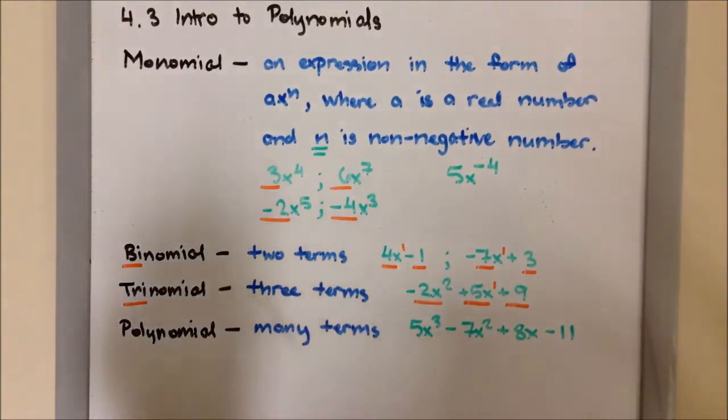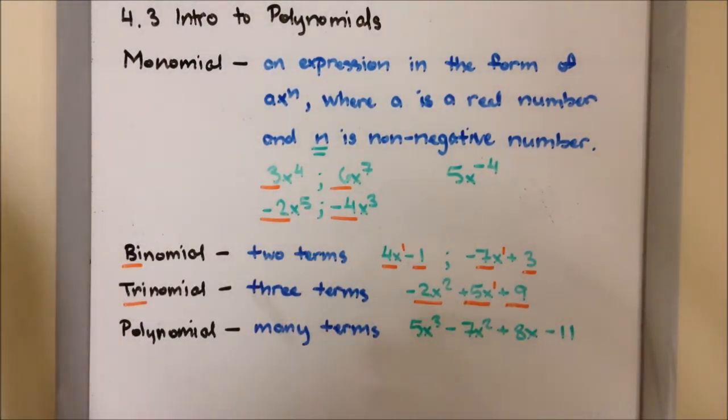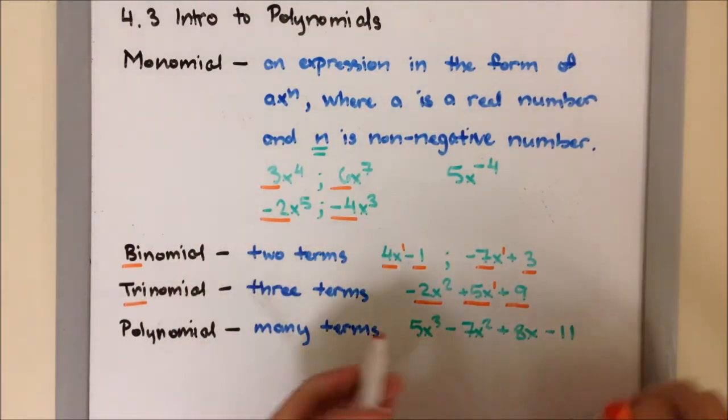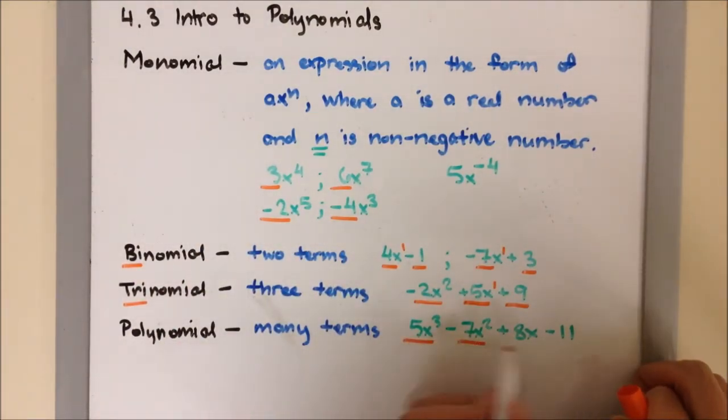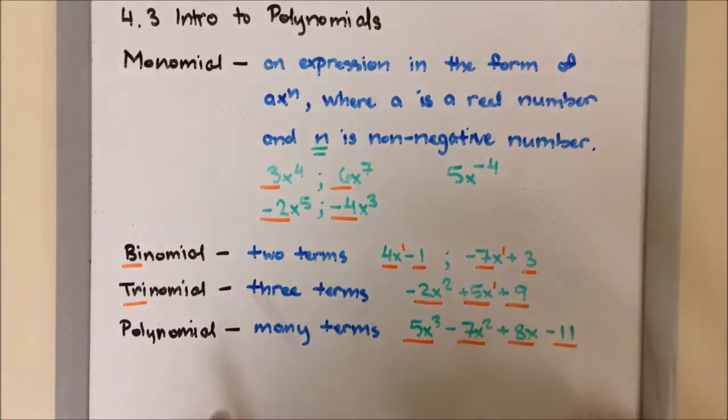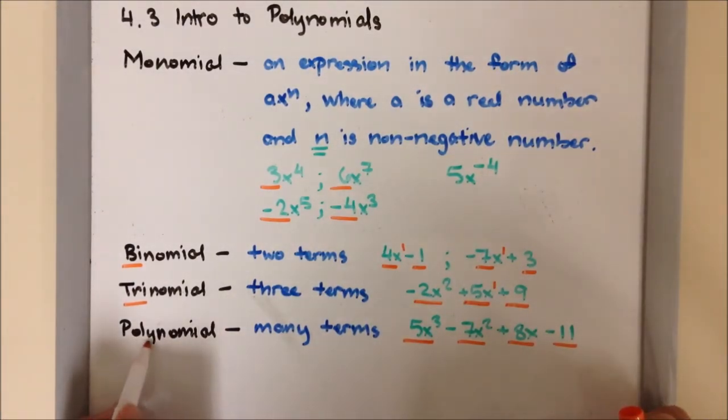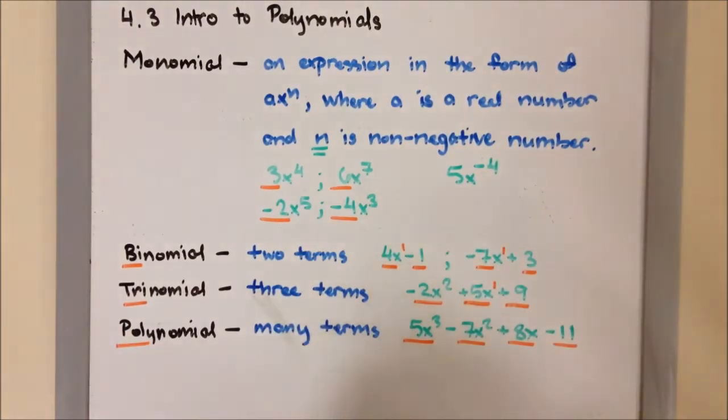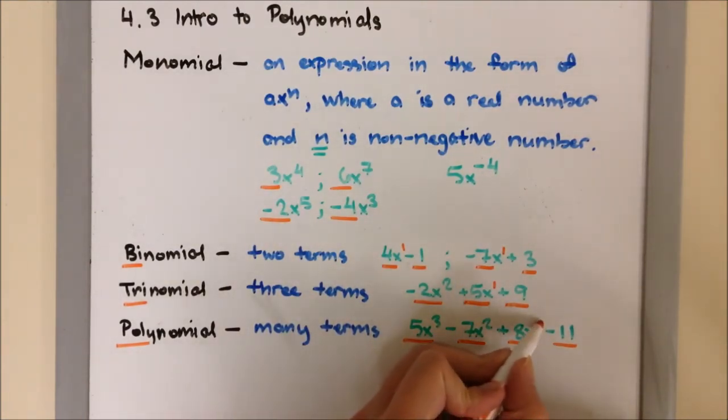So you see how we have 4 terms, more than 3: 1, 2, 3, 4. Poly means many terms. And again, notice how the exponents are all positive, meaning non-negative, including the 8x to the power of invisible 1.